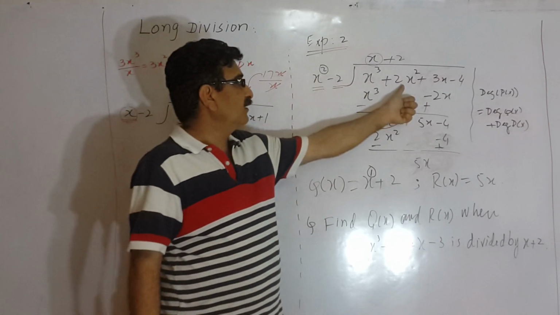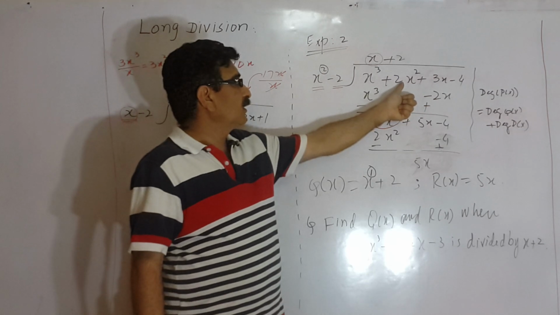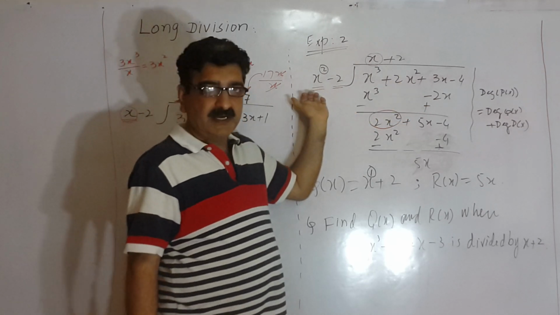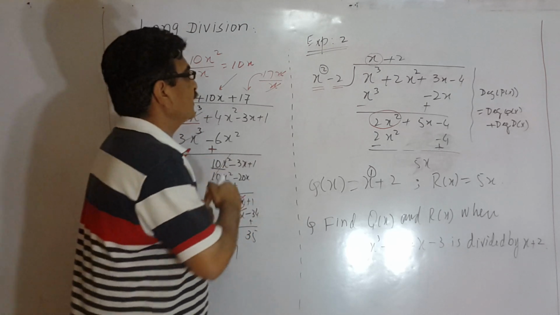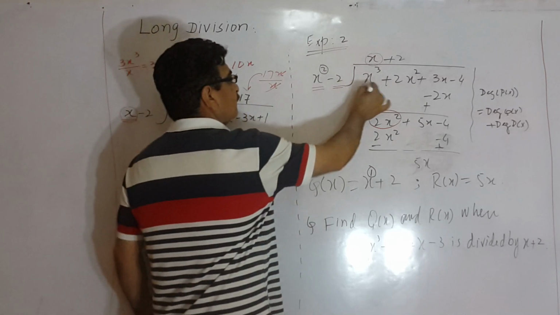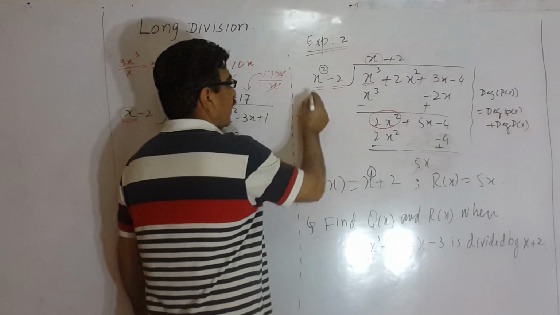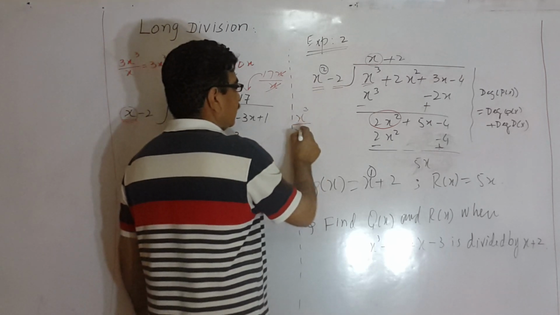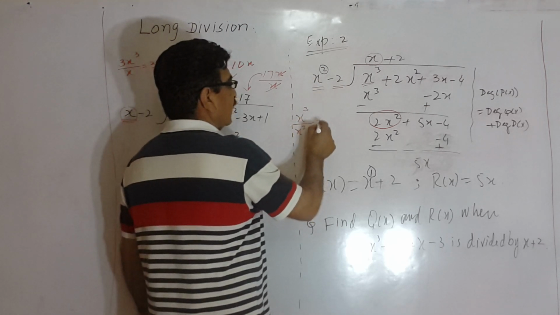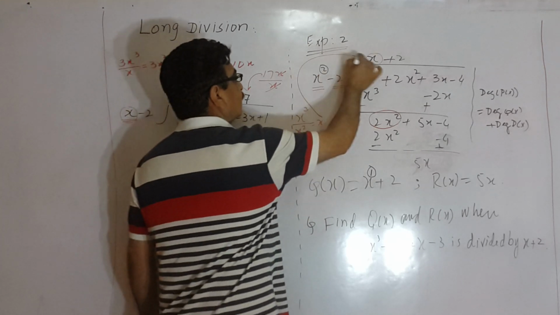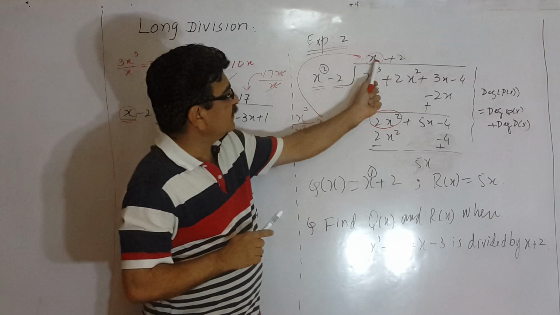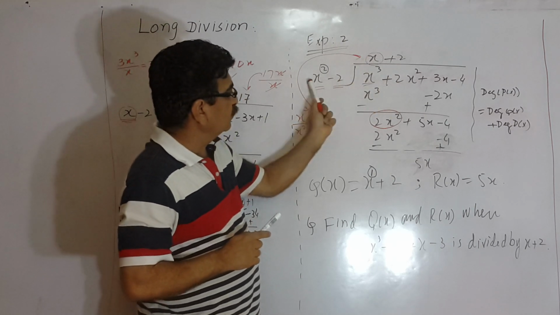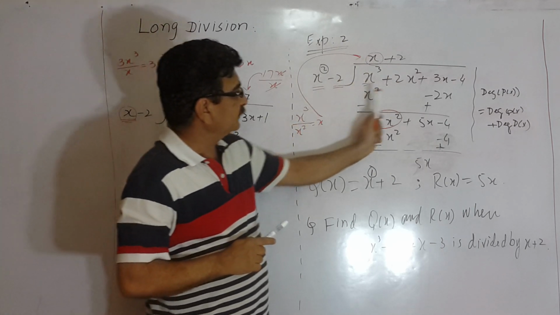Here we are dividing x cube with a quadratic function, and similarly the process is the same. Once again we shall see the first term x cube divided by this first term, and it is x, so that is why I wrote here the x. Now multiply this x with both of these two terms and write here.